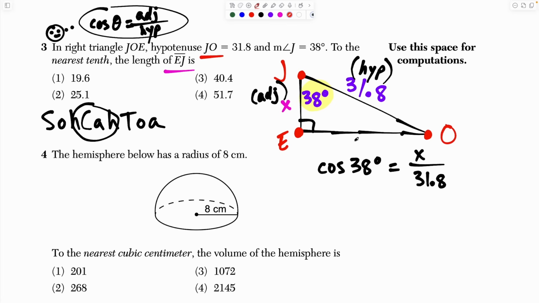And if that's a little bit tricky to do, you could also call this cosine of 38 degrees over 1, and you could cross multiply. But you're still going to get x times 1 is x equals 31.8 times cosine of 38 degrees. Anytime you're multiplying a number by a trig function like this, you could just write the number in front as a coefficient.